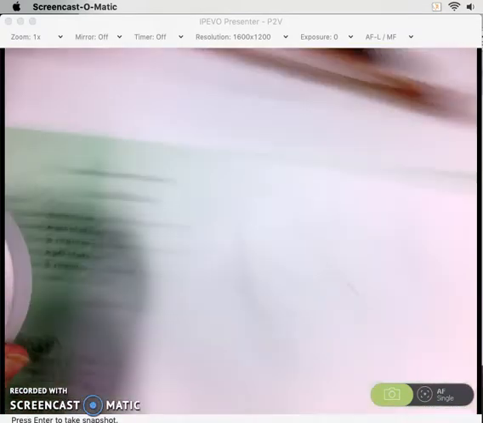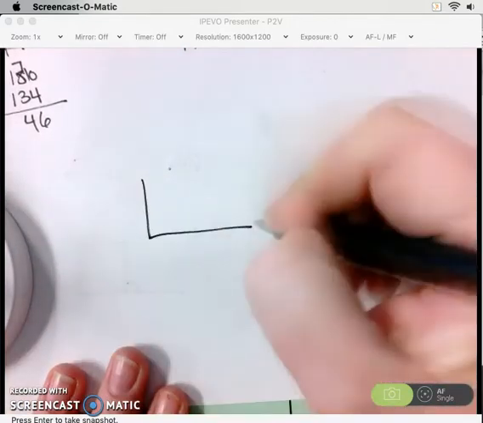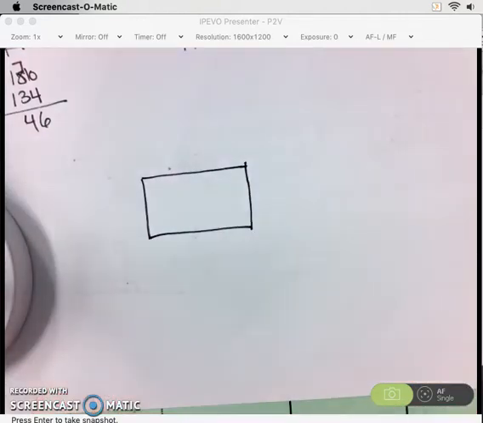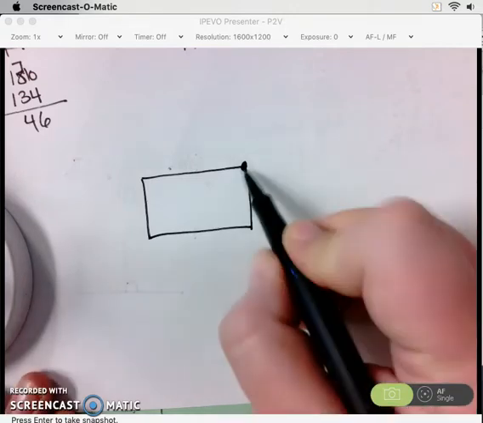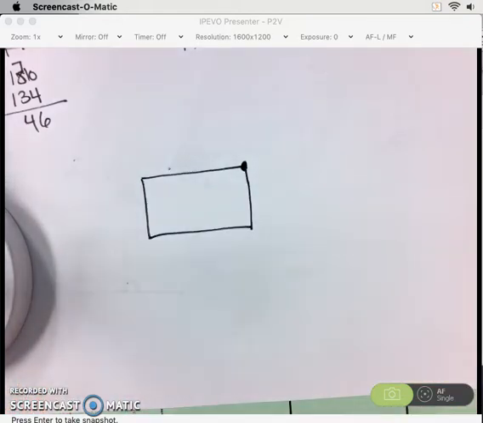So if I have a 4-sided figure, I pick one corner or one vertex and I connect it to all the other non-adjacent vertices. This one is right next to it, so if I connect it, it would just be the wall of my quadrilateral, right?